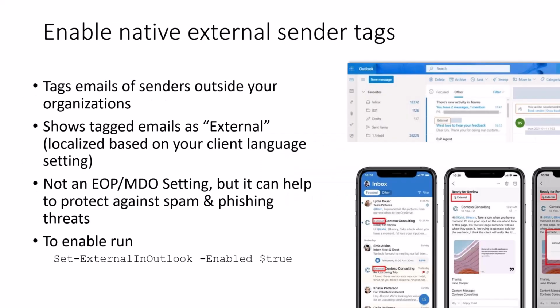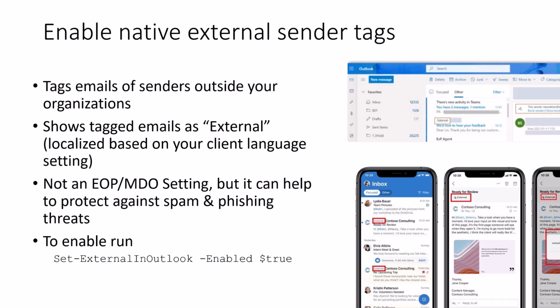Another way is that we can enable the external sender tag. I've seen a lot of organizations doing that by including a mail header within the email. But another way is to enable that on tenant level, so we see that available within our Outlook, no matter if we are using it on the phone, in the desktop or in the web.